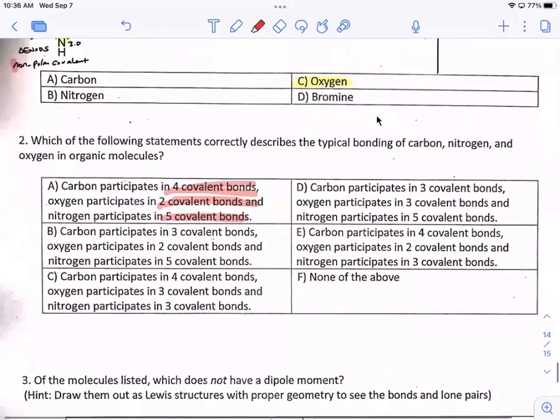Nitrogen can only participate in 3 and not 5. Excellent. Nitrogen can only make 3 bonds. It's got 3 bonds and a lone pair, a non-bonding pair. So we know carbon makes 4 bonds, oxygen makes 2 bonds, and nitrogen makes 3 bonds. So the correct answer is here.